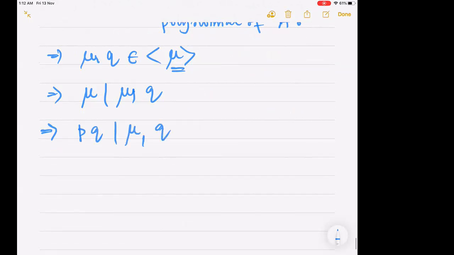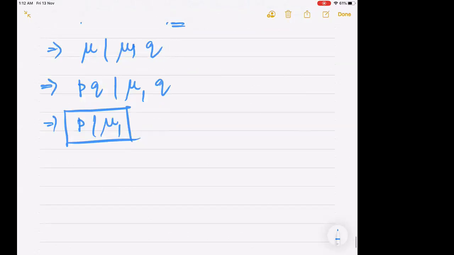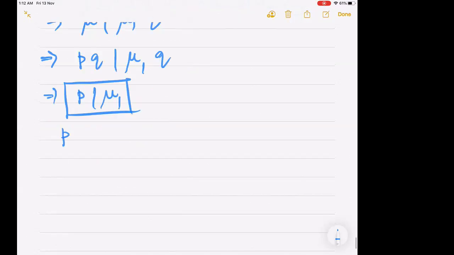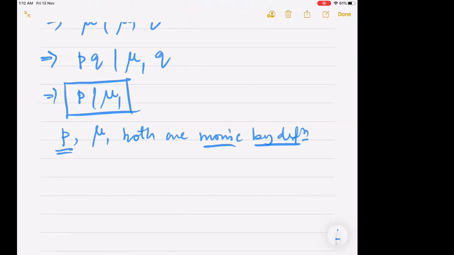Of course, this means P must divide mu1, right? So now, P and Q, mu, all of them are monic by definition, because this is a factor of a monic polynomial. You can make P and Q both monic.